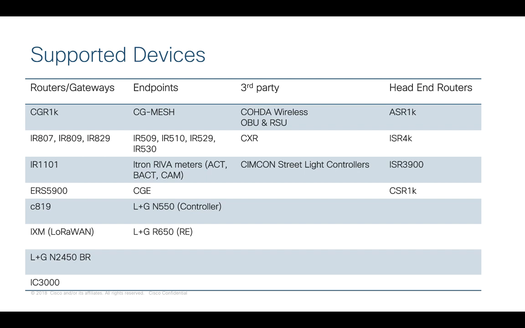On the third-party integration, we have Coda wireless devices that are supported using FND, the OBUs and the RSUs. We have integration going on with CXR, another router provider. SIMCON street lighting controllers are officially supported. And the head-end routers, we have ASR 1000, ISR 4K, ISR 3900, and the CSR 1K.